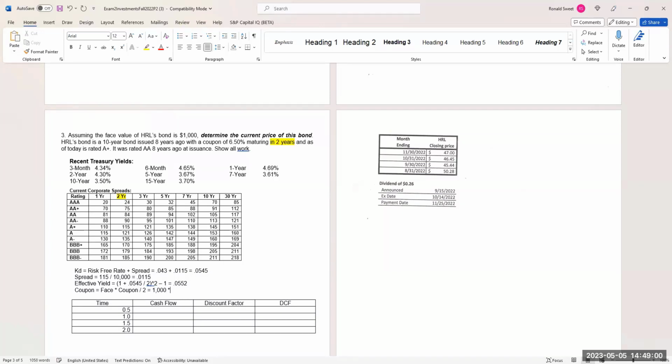And here our coupon is 6.5%, so 0.065 divided by 2. And so that tells you what the every 6 month coupon is. So that's going to be $32.50. So our cash flow is $32.50, $32.50, $32.50, and then it matures $1,000 plus the $32.50.